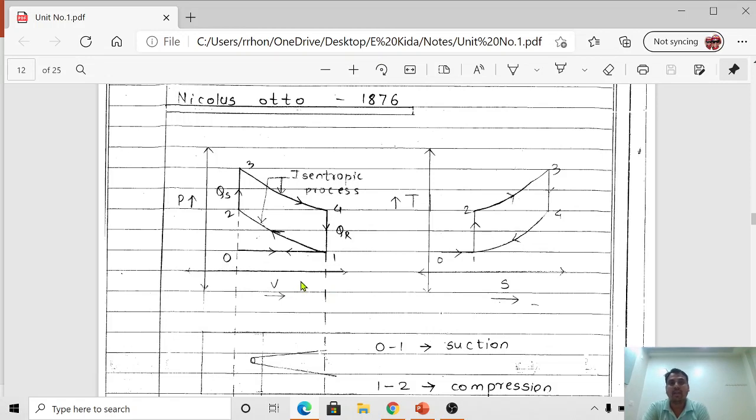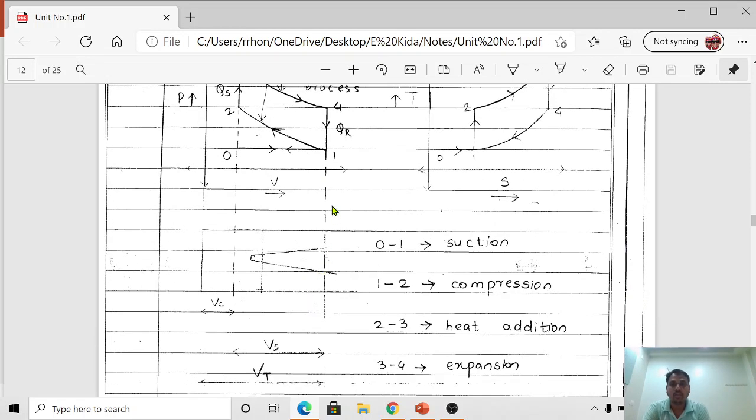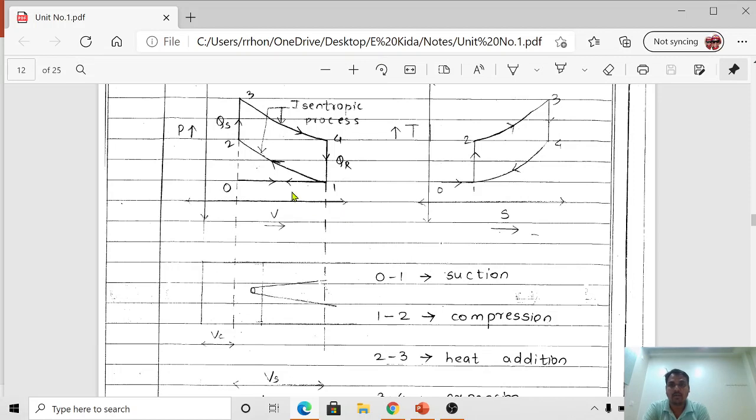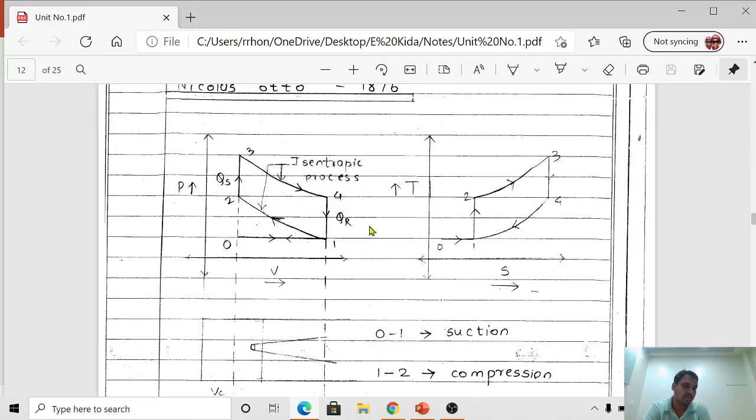Before understanding this PV diagram, we must understand the use of the PV and TS diagrams. What is the logic behind it?